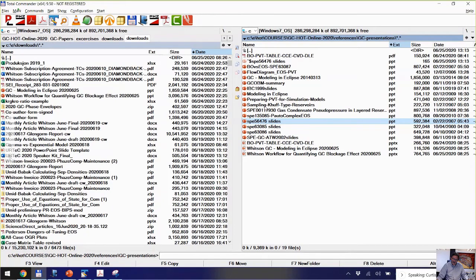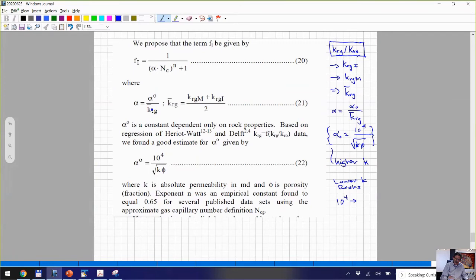We haven't published that. No, that's good. So what you're saying is that using alpha equal to alpha naught is better than using the KRG average. Yes. Okay, that I wasn't aware of.